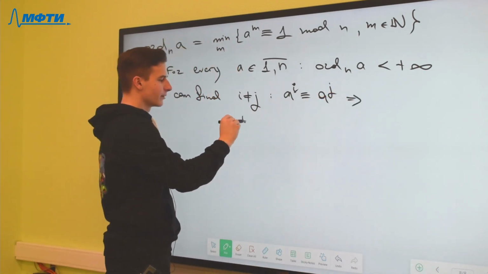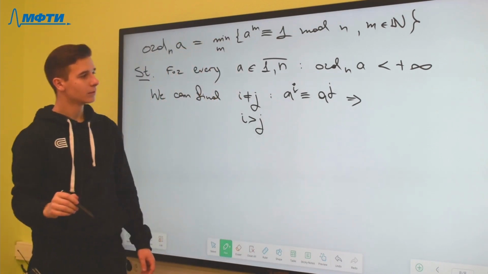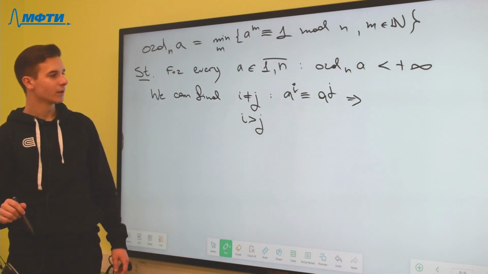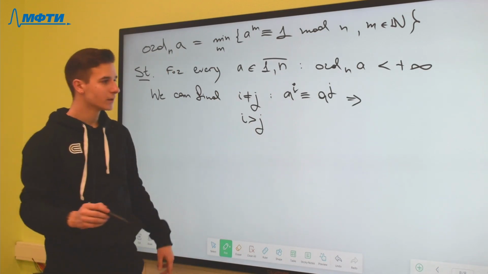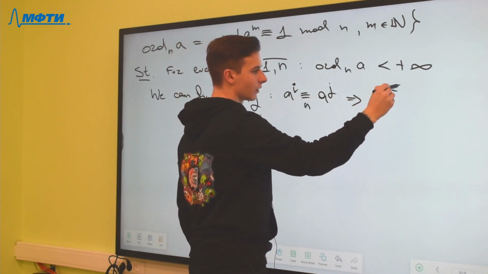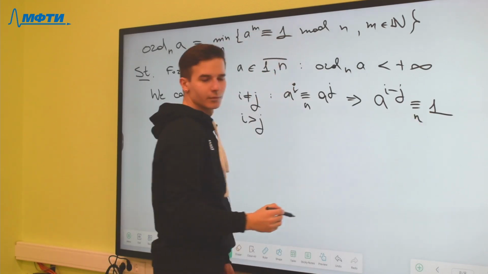So, for example, if E is bigger than G, we can divide by A to the power G and say that A to the power (E minus G) is equal to 1 modulo n.